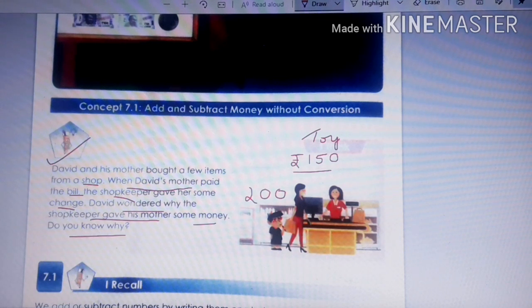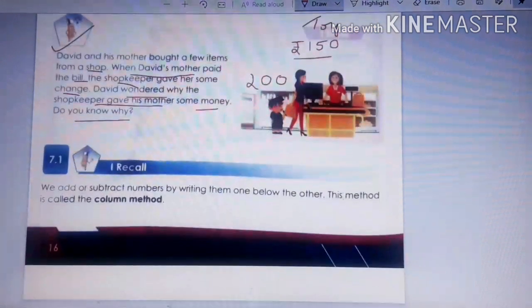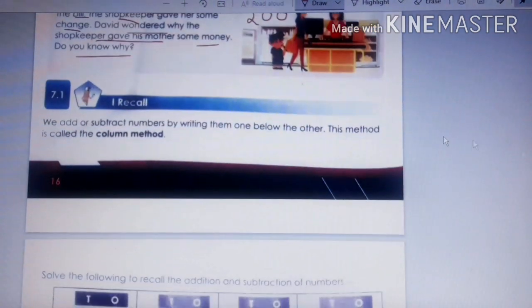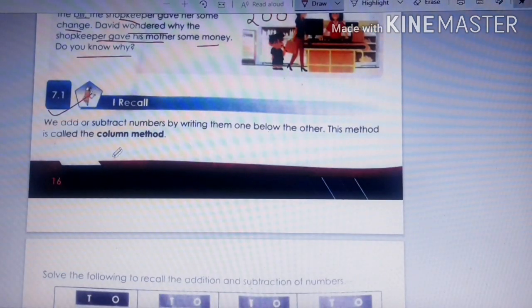More examples. Okay, so let's recall the column method. Column method and vertical method, children, both are the same, isn't it? Which are arranged, you can say, straight. The smaller number is arranged below the bigger number.